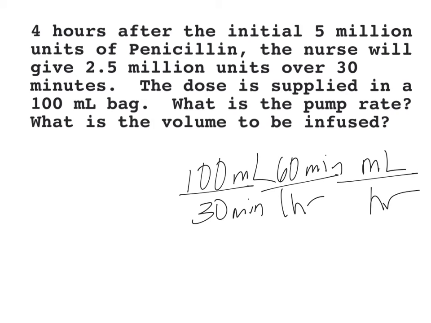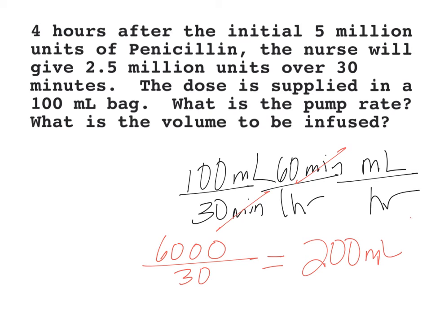So we're all set here. Cancel out the things you don't want. You don't want minutes. You just want mLs per hour. So you're going to end up with 6,000 over 30. Which at the end of the day is going to give you 200 mLs per hour.